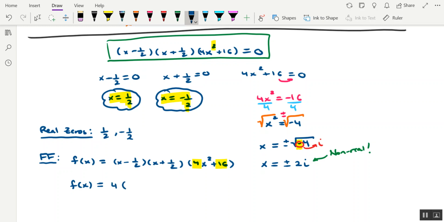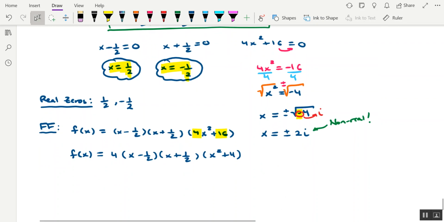So I'll take the 4 out. This would be an acceptable factored form for me, but sometimes our author likes to write the factored form using just integers. And so there would be a way to get rid of the fractions of 1/2, and that would be by utilizing this 4.